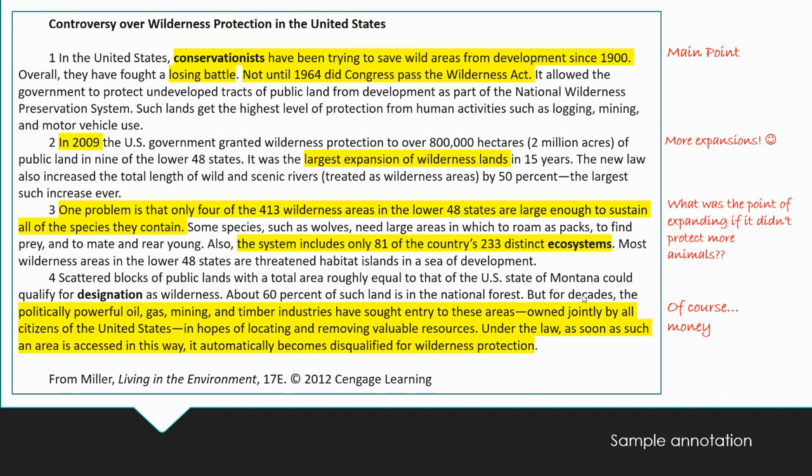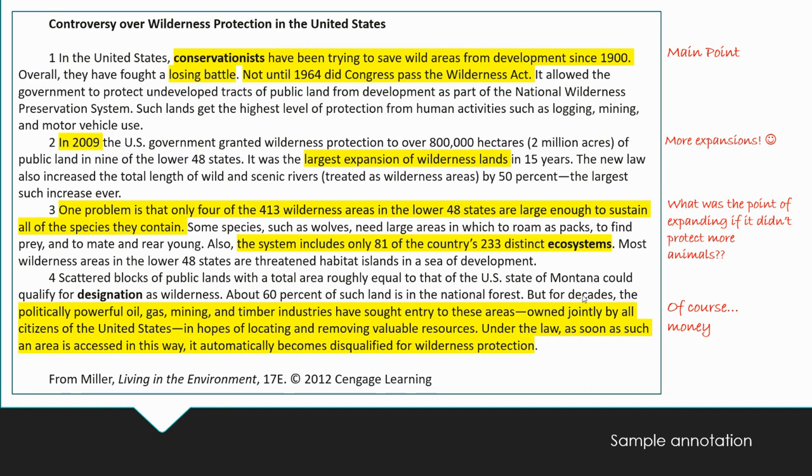So here is an example of a very small snippet of a book about controversy over wilderness protection in the United States. The only information I really have is that it's from a book called Living in the Environment by someone called Miller. But that's fine. That's all I have. It's very short. You can see it's only 4 paragraphs.